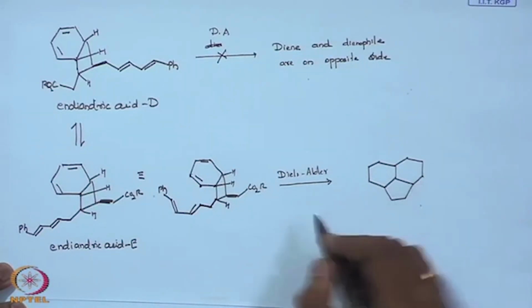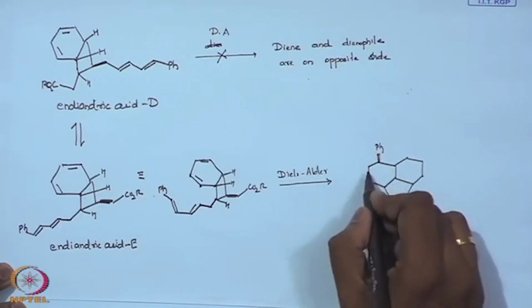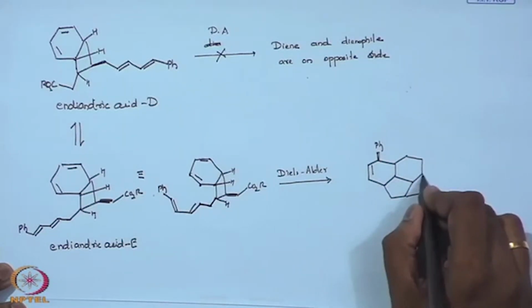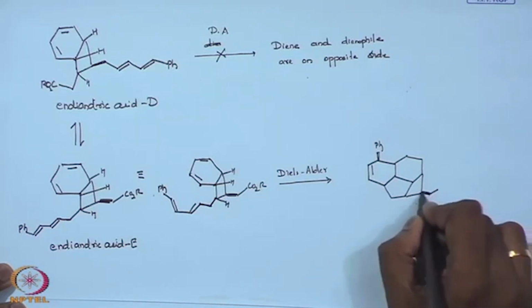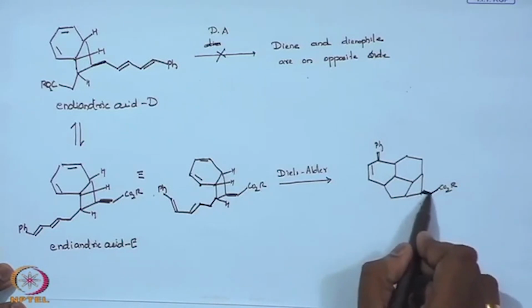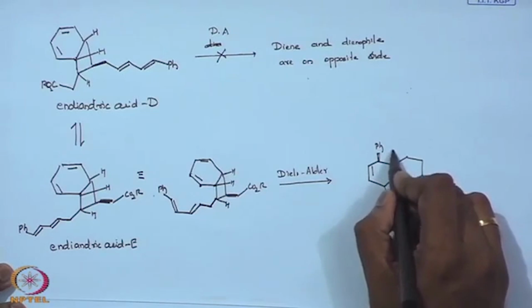So, you will have your phenyl here and you have a double bond. First finish the skeleton of the molecule. So, you have your, finish the skeleton first. Okay. Fine. Now, you fix your hydrogens, the stereochemistry.